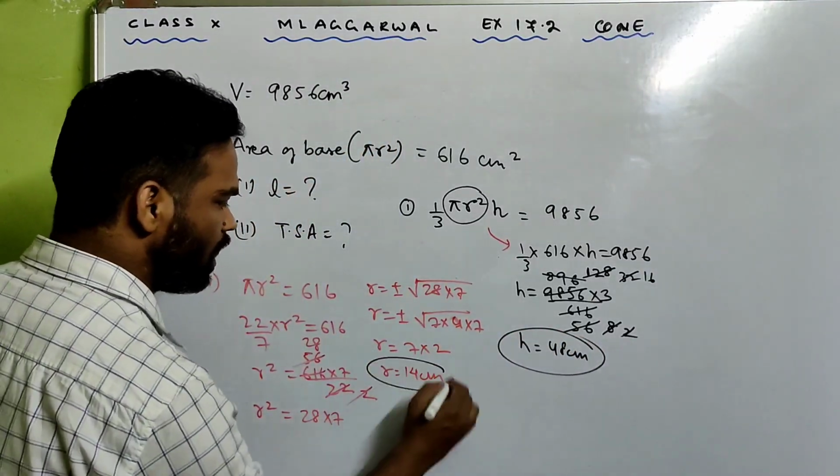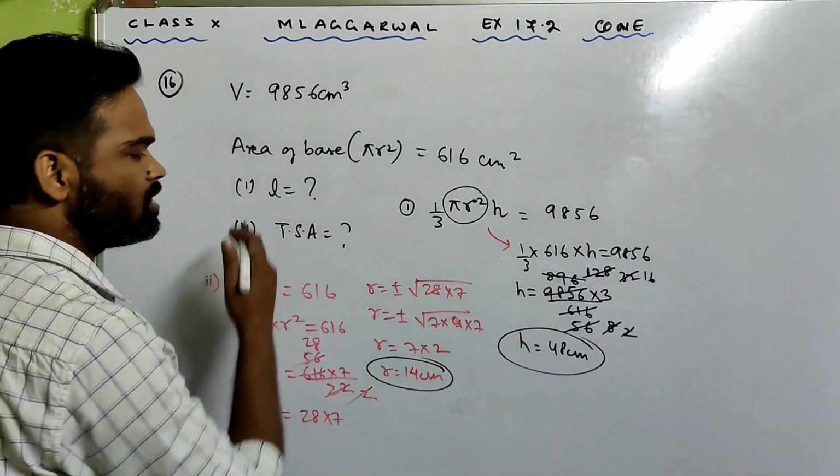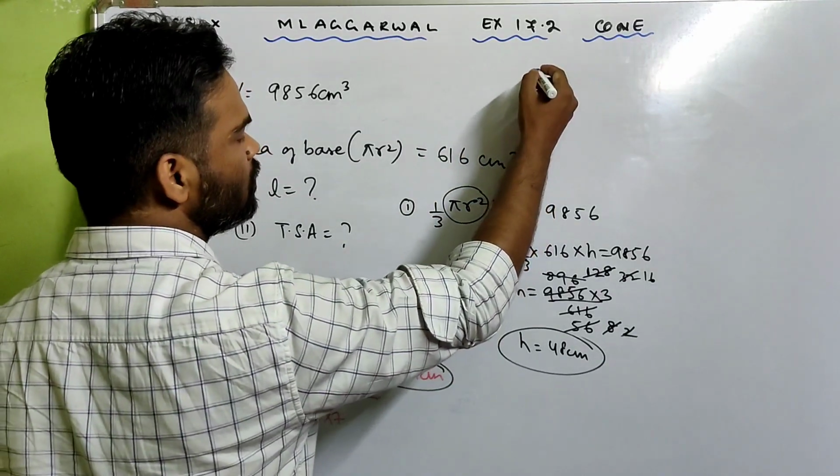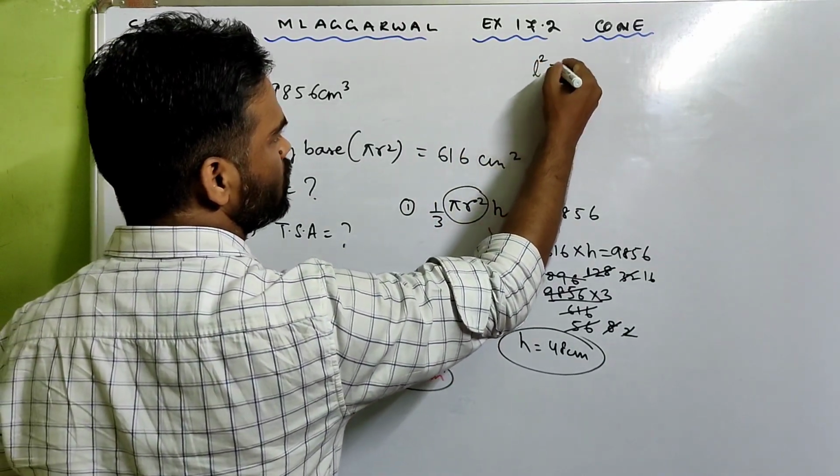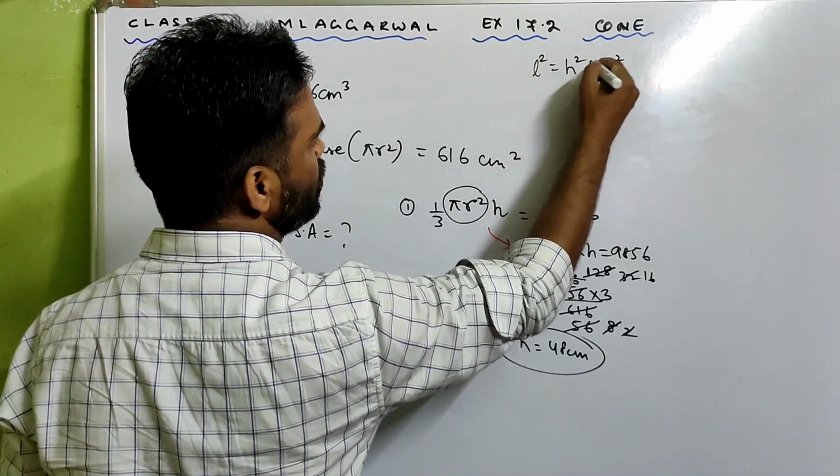Got h. You got r. So what is slant height? We know L square equals H square plus R square.